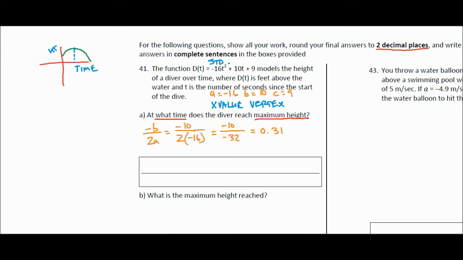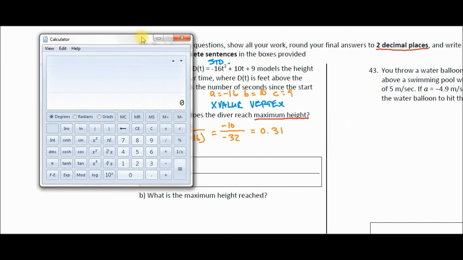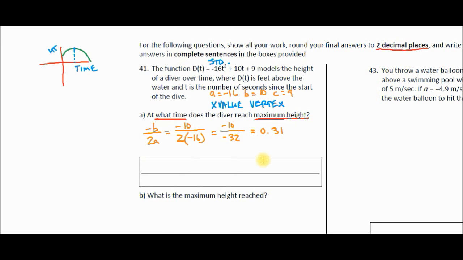Let's check that real quick. I'll check and make sure my rounding is right. So I'm just going to do 10 divided by 32, because I know a negative divided by a negative is a positive, and this is 0.3125. We're going to round this to 2 decimal places, so 0.31 is accurate.